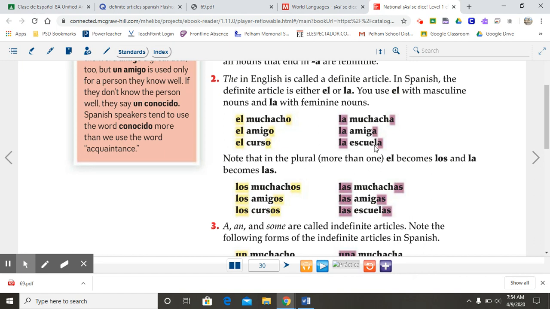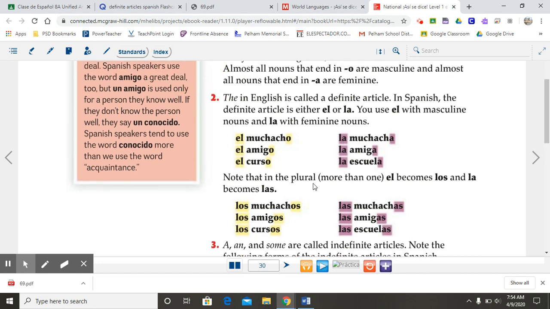Escuela means school, if you remember from the previous lesson. But yes, even the word school has a gender, and it's feminine. You have an A at the end. All these three words go with the word the in Spanish, which is la. So we have la muchacha, la amiga, la escuela.